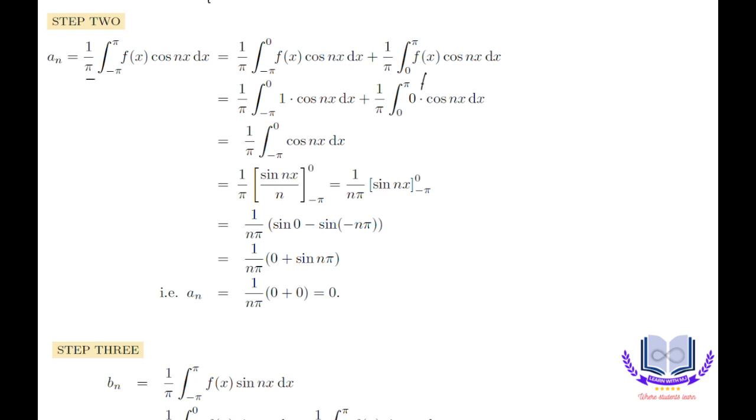So again, for 0 to pi region, f(x) is 0. So just neglect it. And for f(x) is equal to 1, we will solve the question. Okay. So now after solving it, you will get the value of a n is again 0. Because in the answer we have got sin n pi.